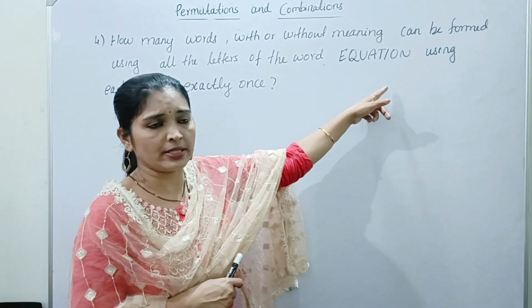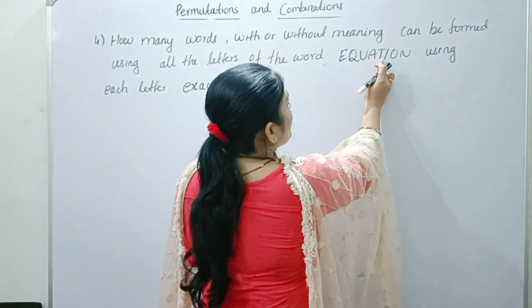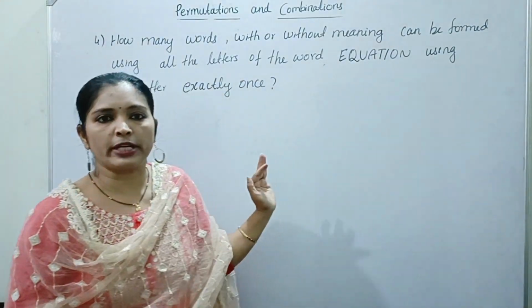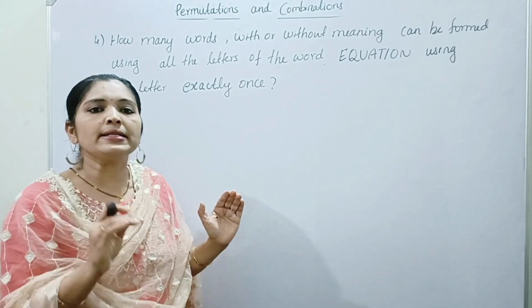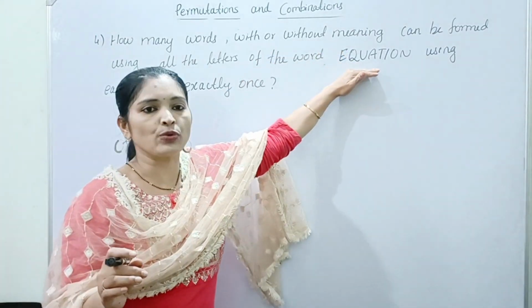All the objects are different. 1, 2, 3, 4, 5, 6, 7, 8. 8 letters are there. So we have to write 8 letter words from the word EQUATION.